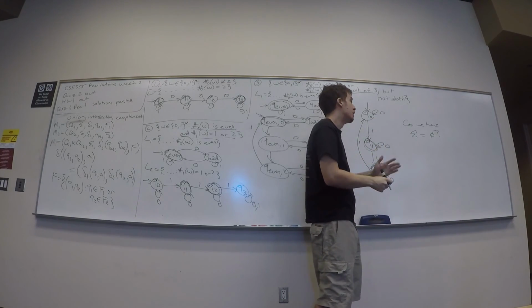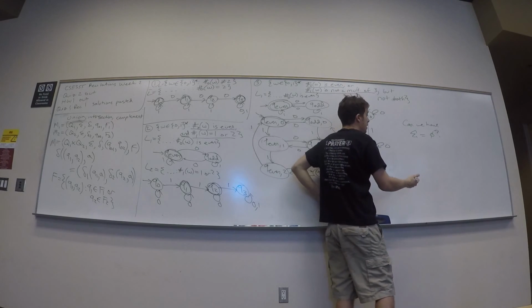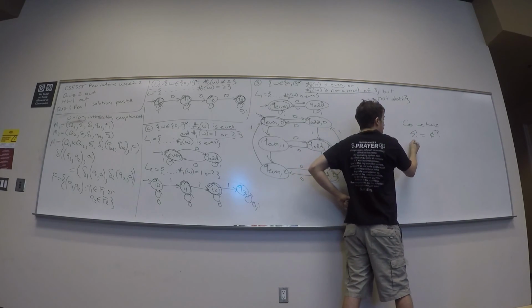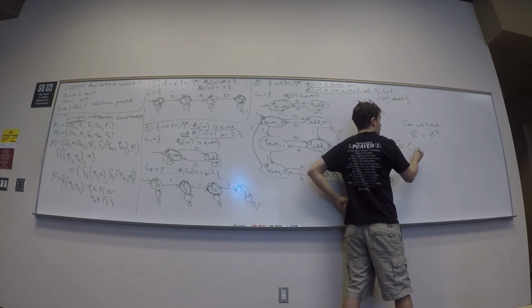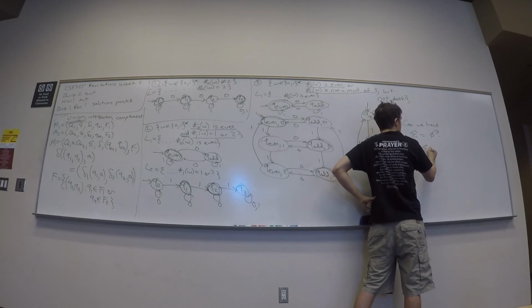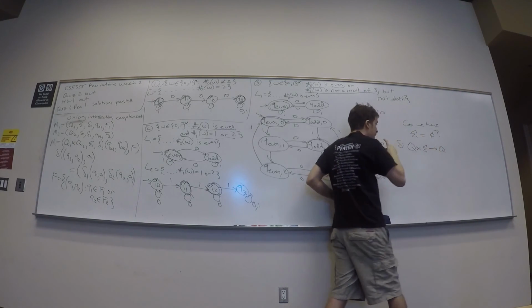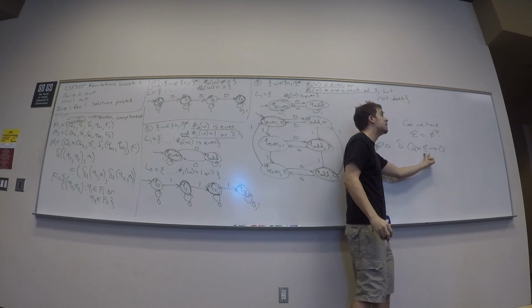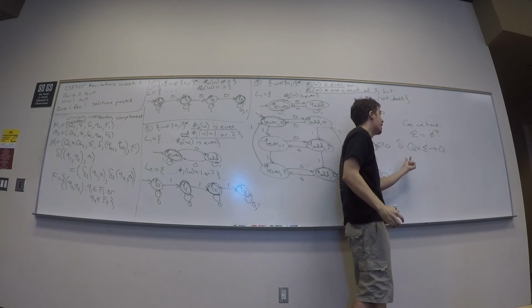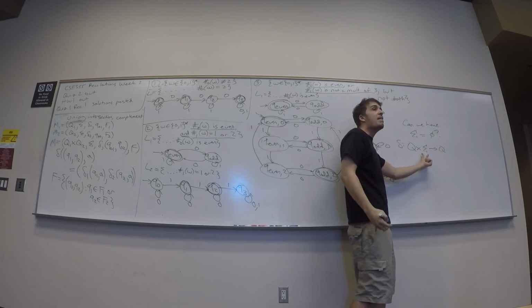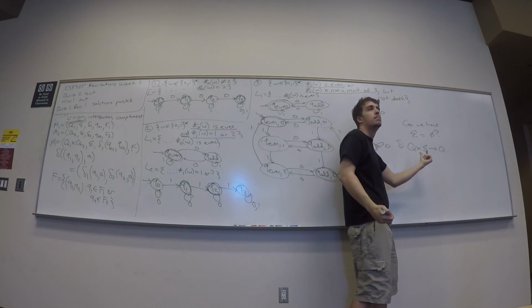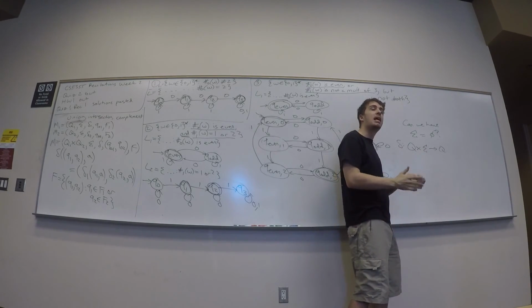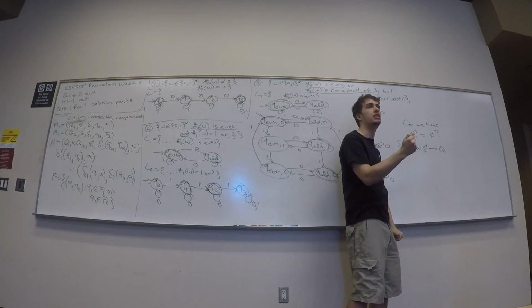The only place that sigma actually shows up is in the transition function, which is Q cross sigma goes to Q. That's the only place where sigma shows up. And so I could have an empty set here because I don't have a restriction on that. But would I have any transitions? No. So I will have 0 transitions.